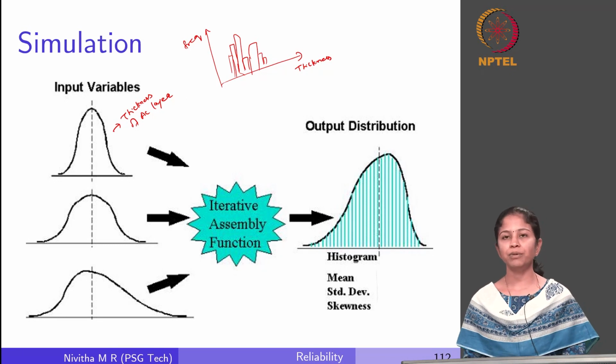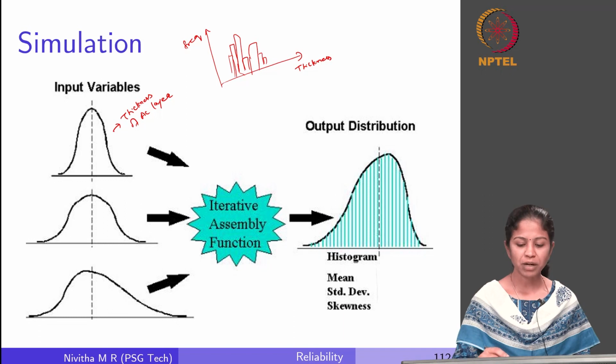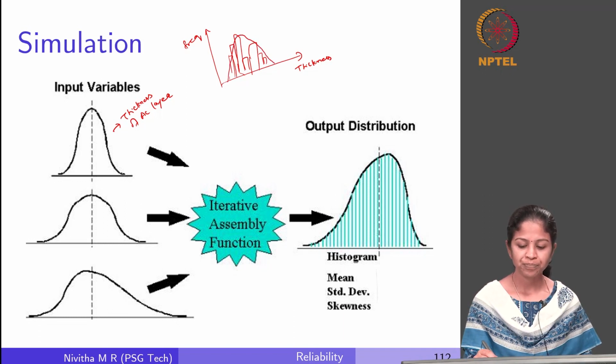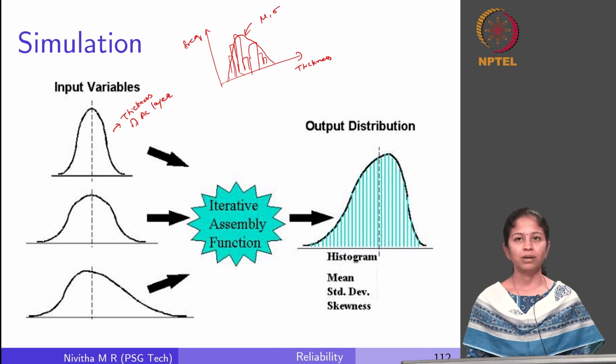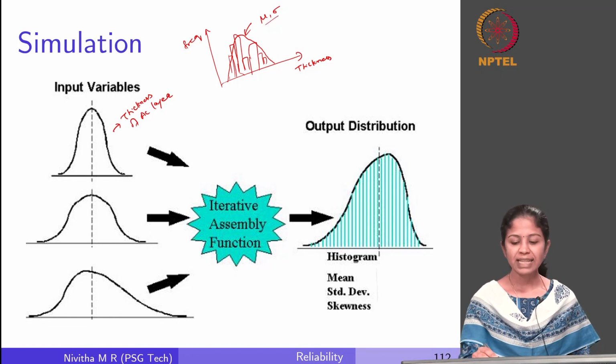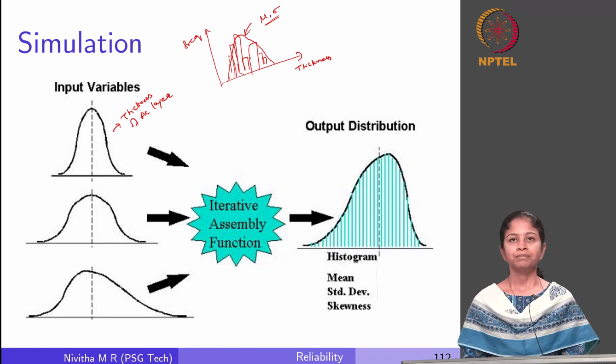Whichever distribution closely represents this variation, we choose that particular distribution. Let us say I am going to assume a normal distribution. If I fit it, for this normal distribution I am going to get a mean and a standard deviation value. These values can be used subsequently to represent the variation in thickness of a given layer.